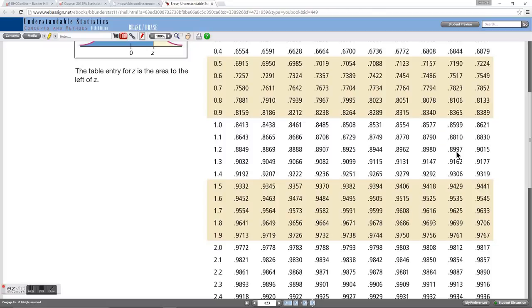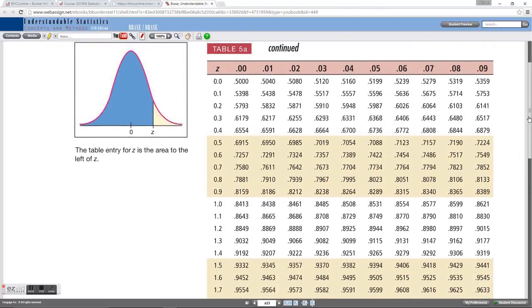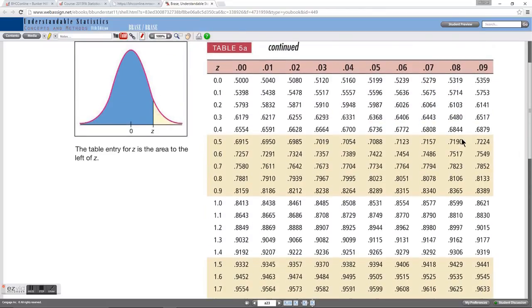If I use the table backwards, what I can do is figure out that a Z value that has an area of 0.8997 to the left of it is the Z value 1.28. An area to the left of 0.8997 is a Z value of 1.28.